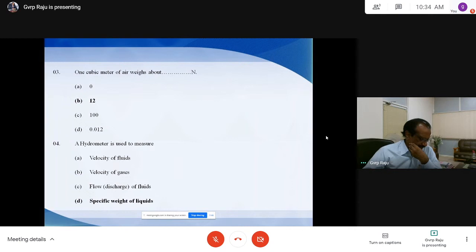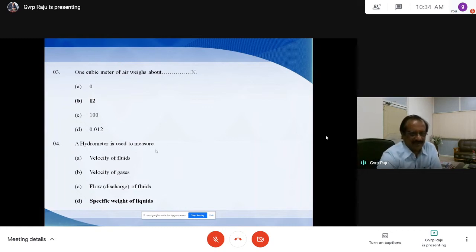So 1.225 into 9.81 is equal to 12. The air weight is 1.225 kg, multiplied by 9.8 we get newtons, so that is 12. Answer is B. So third answer is B.